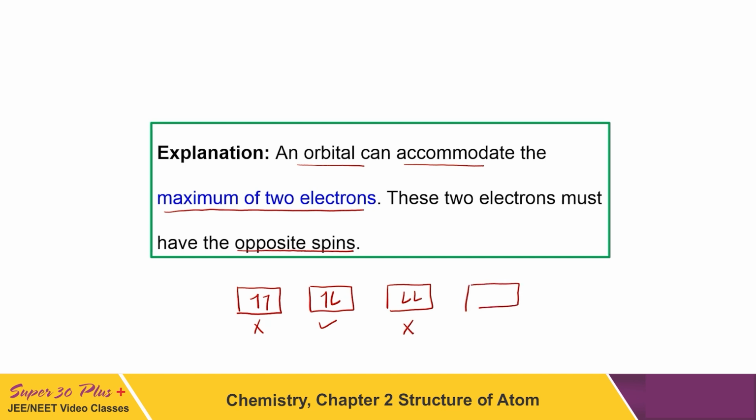And what about this one? Students, this one is also correct. I said they should have opposite spin. I never mentioned what the sign of the first electron and the second electron should be. So according to the quantum numbers, this one and this one are identical.